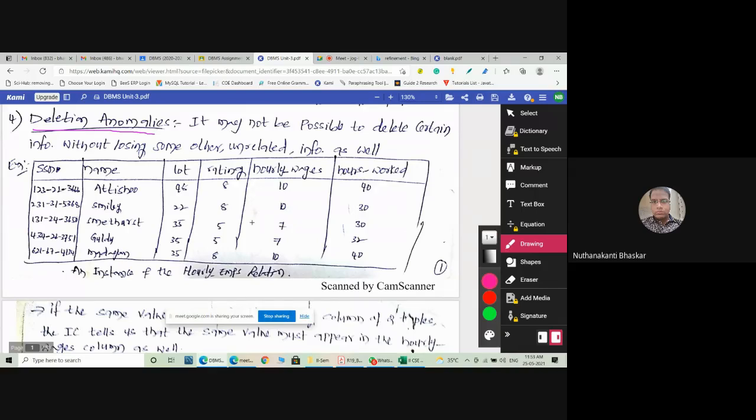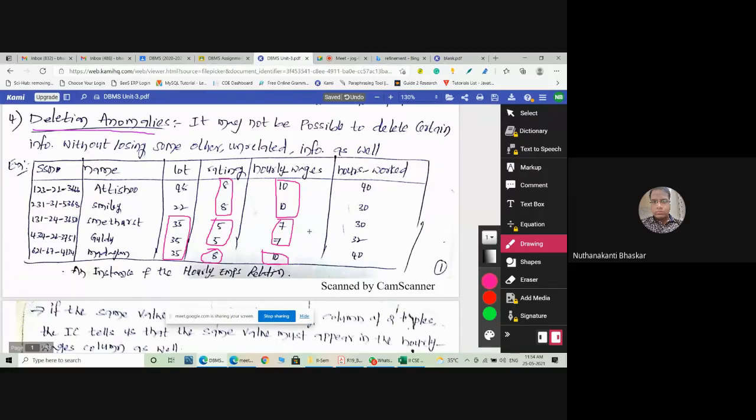Now, when we observe this location, 35 appears 3 times. Correct? Now in the rating, 8 appears 3 times and 5 appears 2 times, correct? The hourly wages value 10 appears 3 times and 7 appears 2 times, correct?